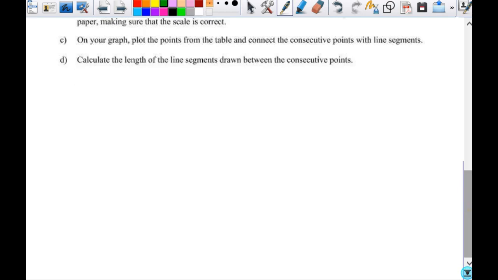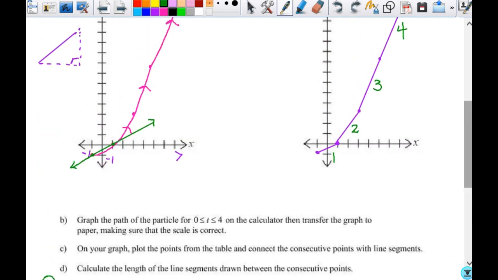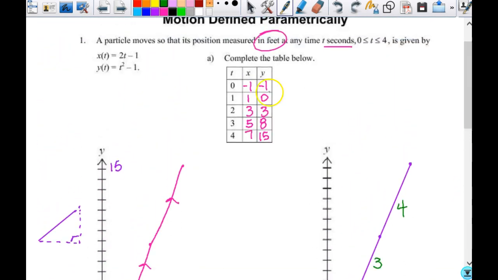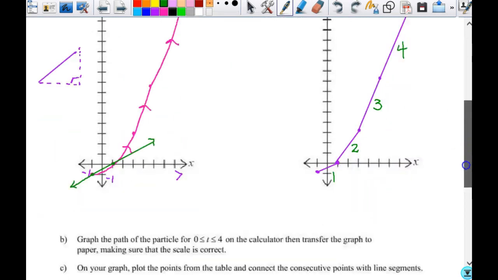So if we start with number 1, that means I'm using distance, right? So distance is equal to the square root of x minus x, right? I'm finding the distance between these 2 ordered pairs to begin with. I want that distance, and those are the 2 that I'm using.